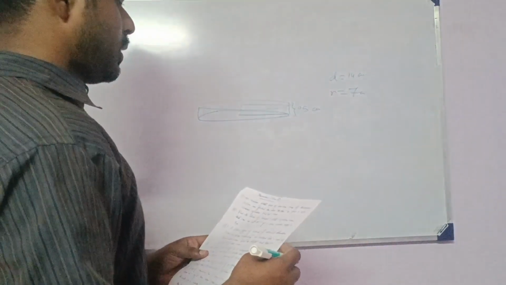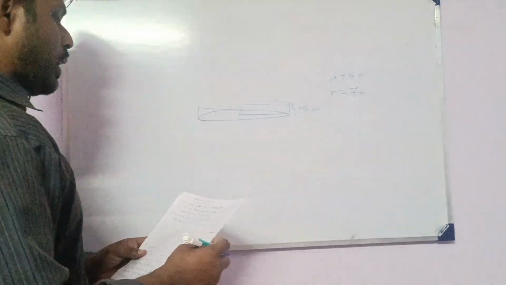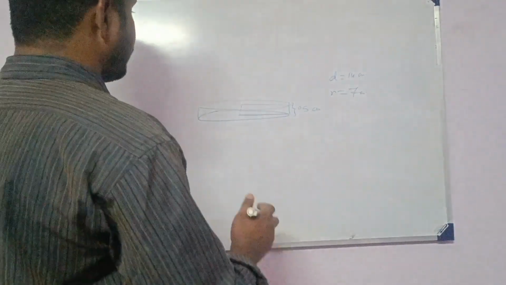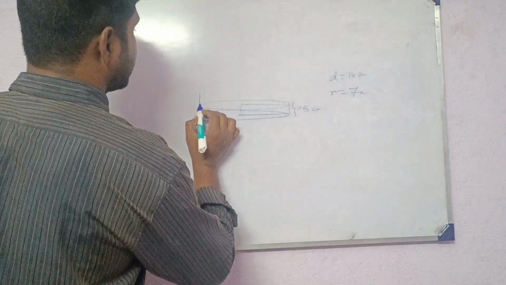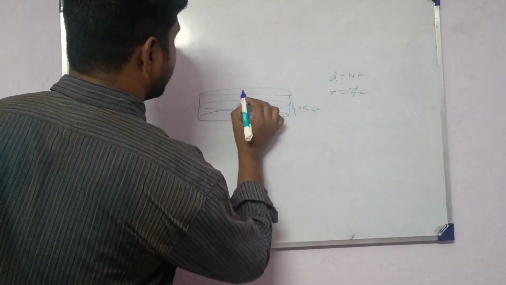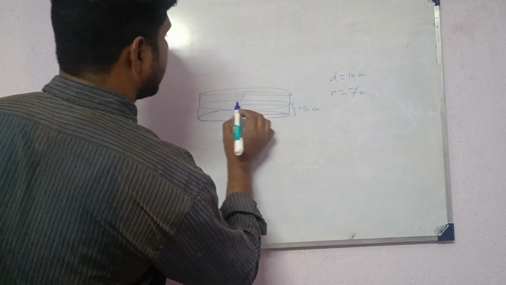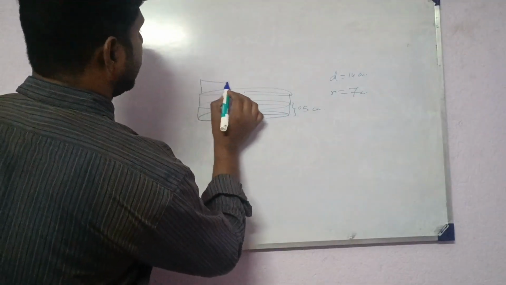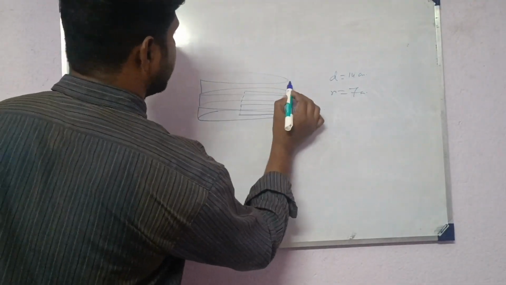And so 50 circular plates, they are placed one above the other. So on top of this there is another circular plate, same diameter, same height, and on top of that another one, same diameter and same height.